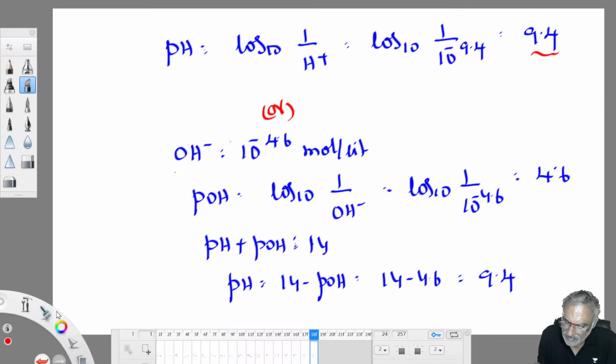That way also you can do it. Either this way or that way, whichever way you feel comfortable, you can solve the problem using that procedure. Clear now? So let us take a few more examples related to this pH.